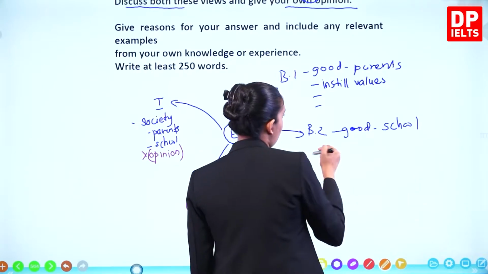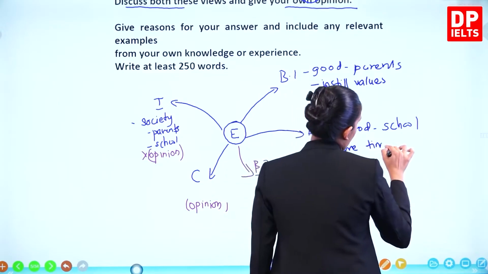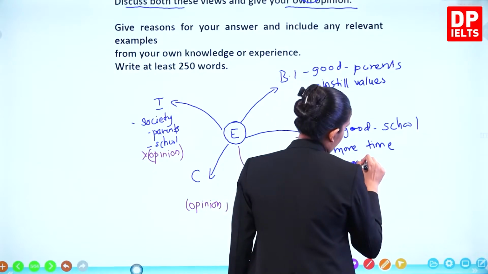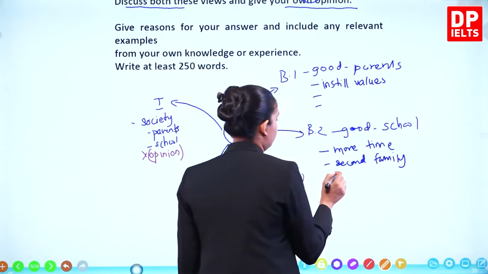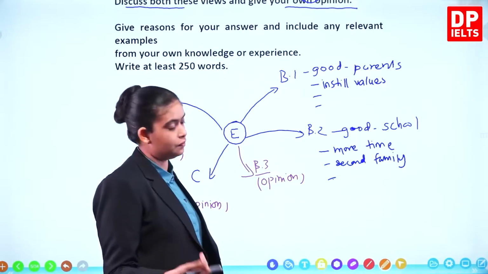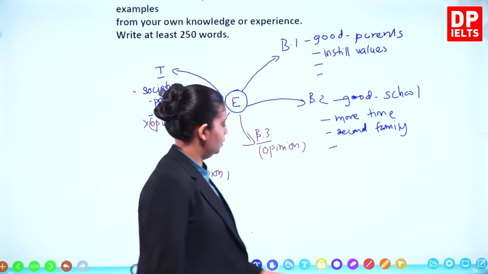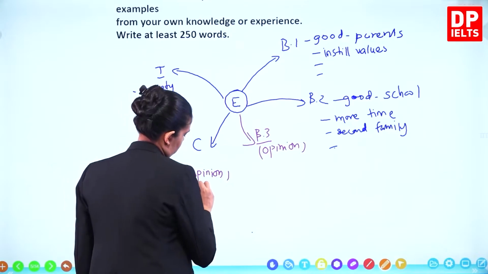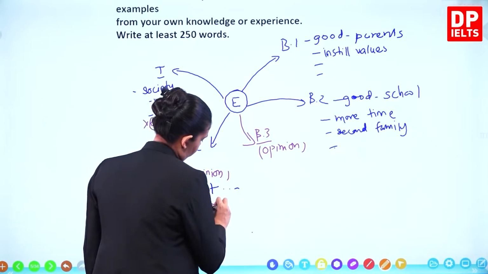Also, you could say that school needs to do it because they spend more time in school, and that is where they have their second family. Friends, teachers, everyone. And maybe you want to give another reason as to why school is the best place to instill these values. And finally, you could say, well, parents do these kind of things, school do these kind of things.